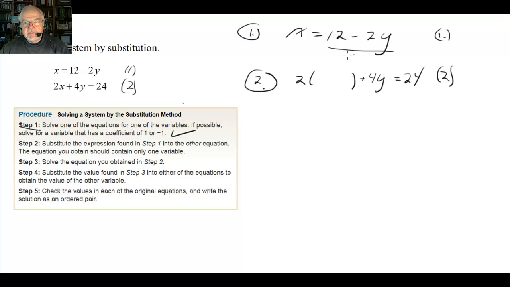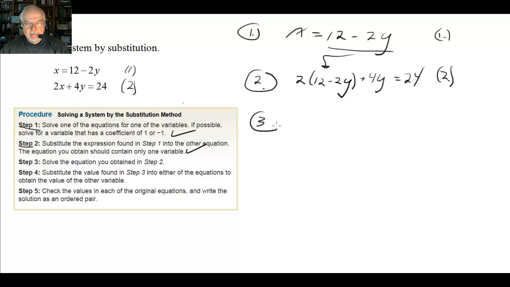So we're going to substitute this into there. We get 2 times 12 minus 2y plus 4y equals 24. The equation you obtain should contain only one variable. Well, I only see one variable, and that's a y. So step 2 is done.